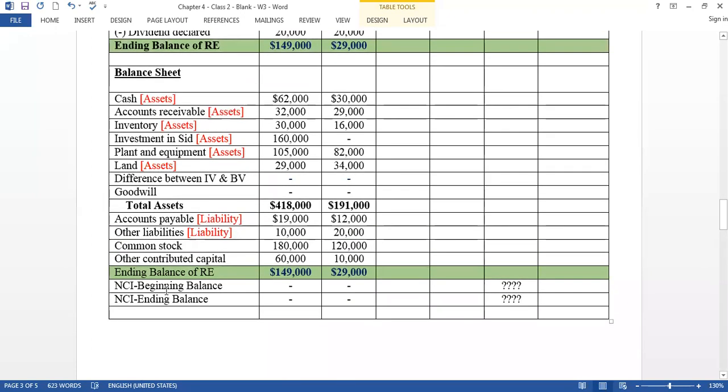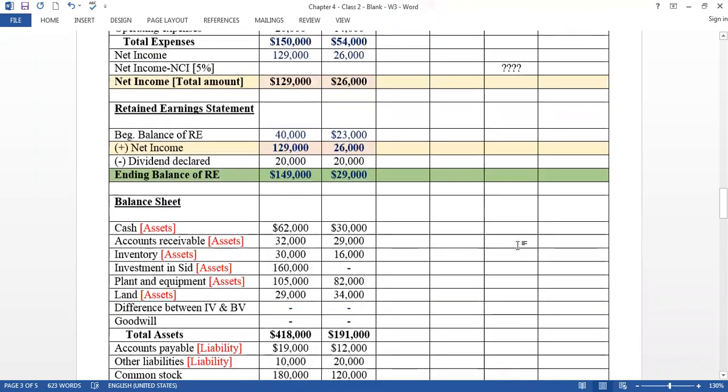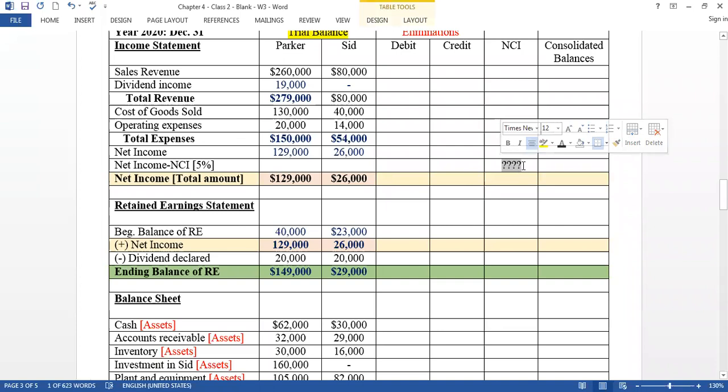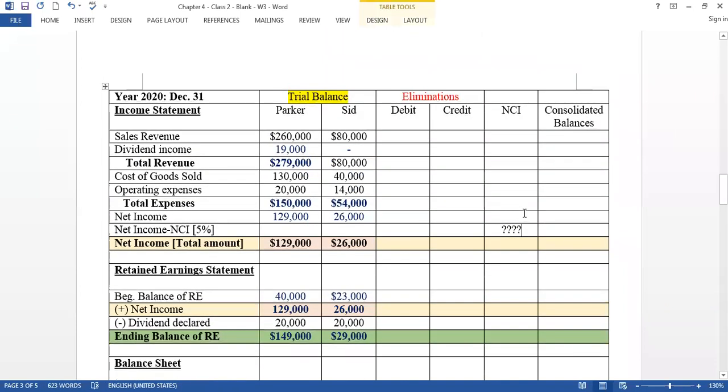But here we know that we have to create two new cells for NCI, one for beginning balance, one for ending balance. And we create a new cell for net income. Okay, we will put it there because we have to go step by step. First, we did the trial balance part, right?